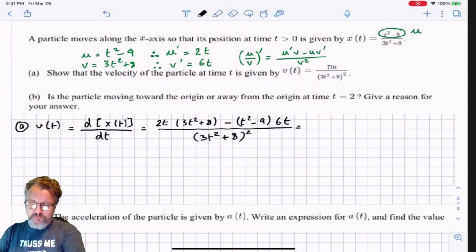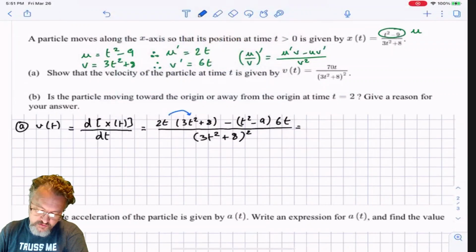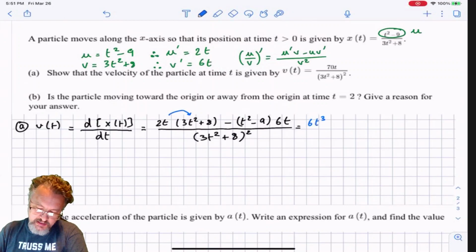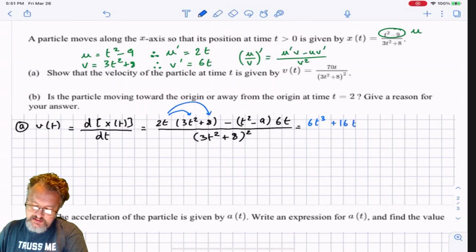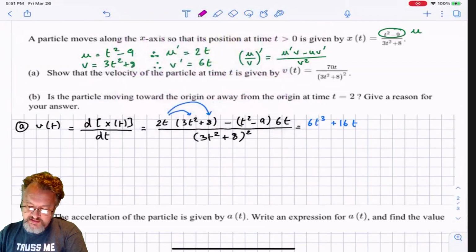Simplify the numerator. Okay? It's just a matter of taking our time right here. We're going to distribute. That's going to give us 6t cubed and 16t. I'm going to change color so that we can stay organized.